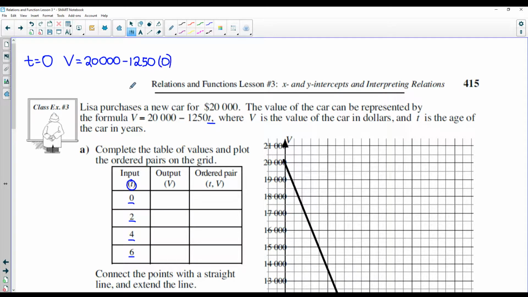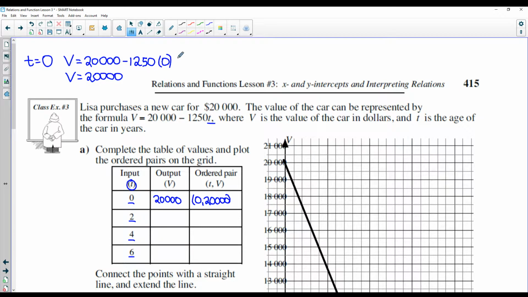So this would be 20,000 minus 1250 times 0. Well, 1250 times 0 is just 0. So this is going to give you a value of v, which would be equal to 20,000. Okay, so I got 20,000. So my ordered pair would be 0, comma, 20,000.